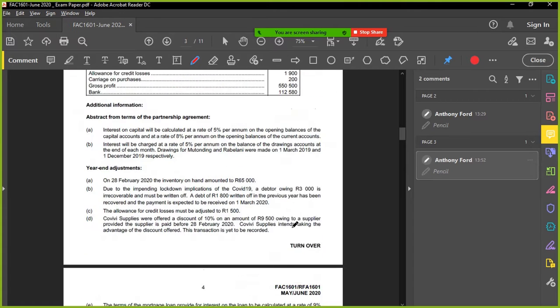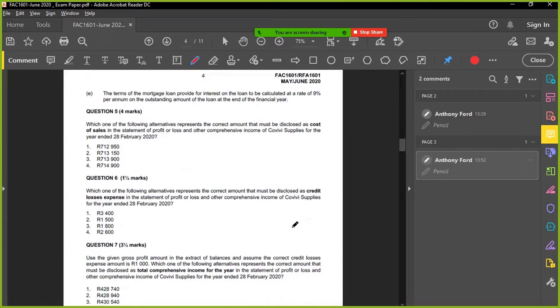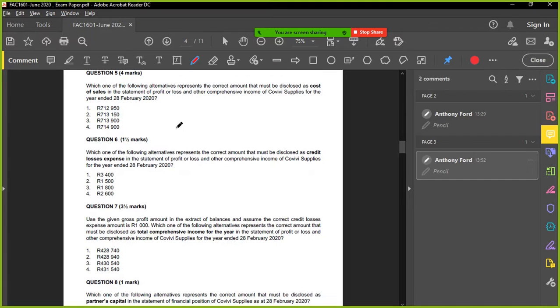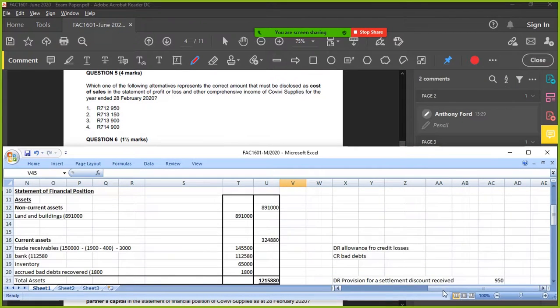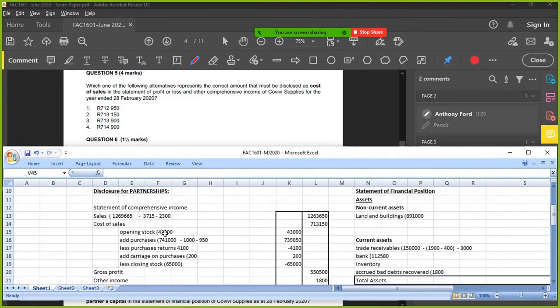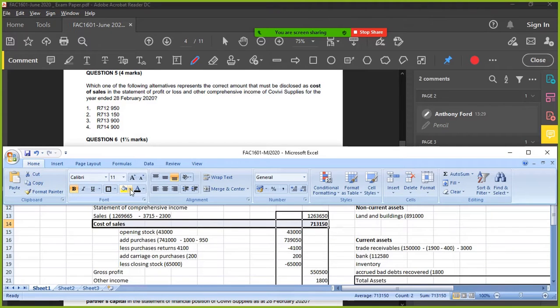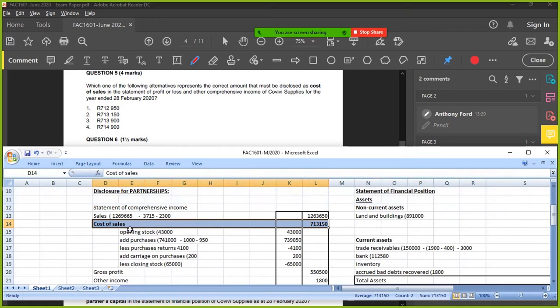All right, so let's see options. Number 5. Which one of the following alternatives represents the correct amount that must be disclosed as cost of sales in the statement of profit and loss? Cost of sales. Option 2.